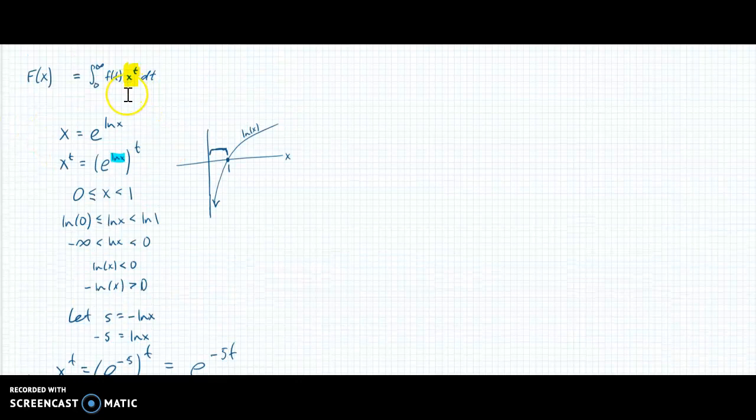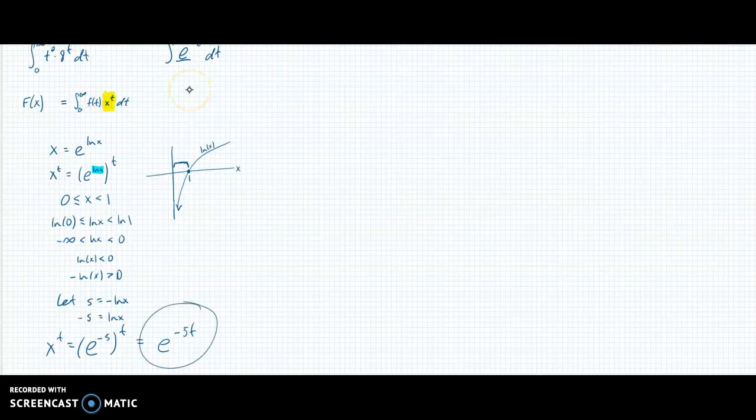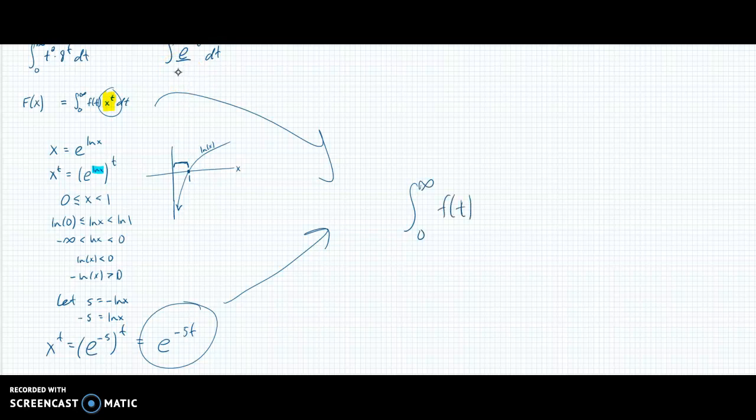Now you may say, what? Okay, look, the whole point here was to replace this x to the t with something that is integratable. So if I sub this in right here, what I get is the integral from 0 to infinity of f of t times e to the negative st dt.